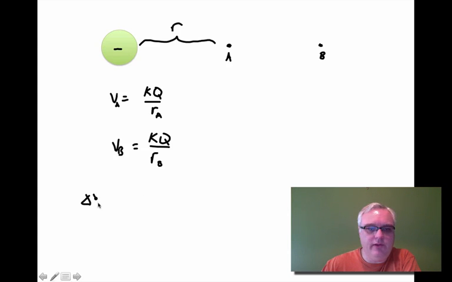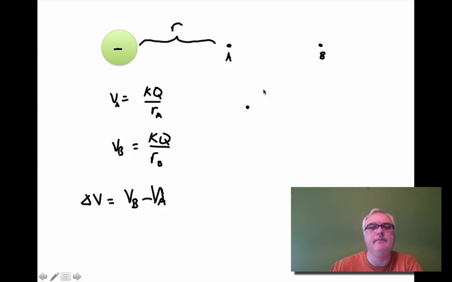And what we end up with is something called the potential difference between these two. So we could look at the difference between A and B. So VB minus VA. So the potential at B minus the potential at A would tell us the potential difference. And we refer to that as the voltage.